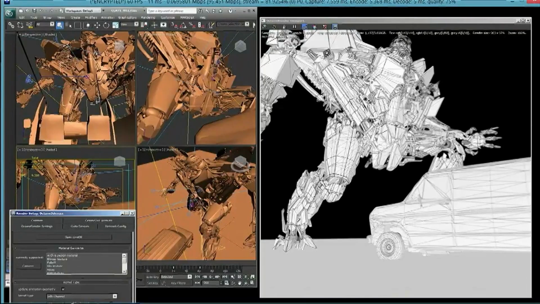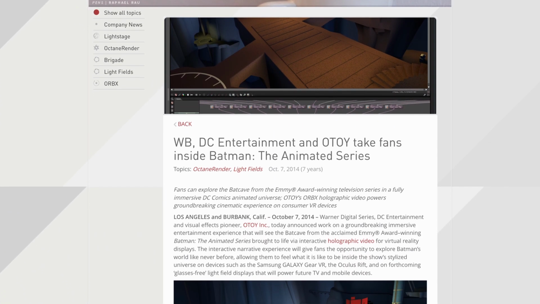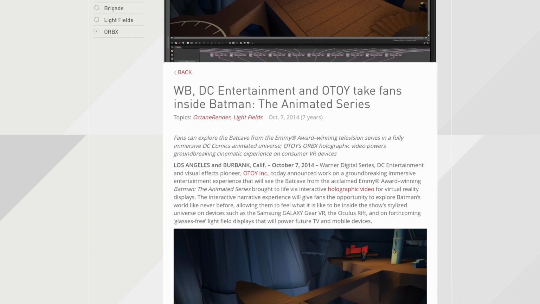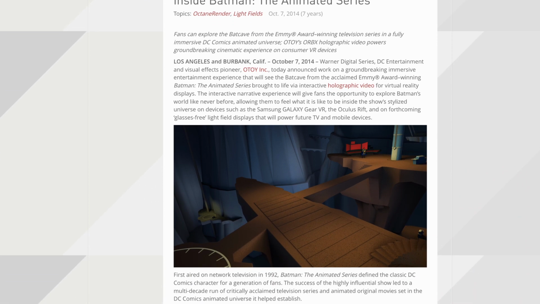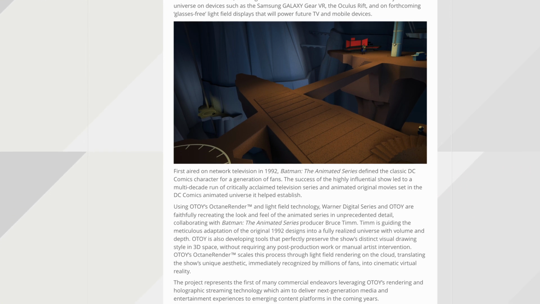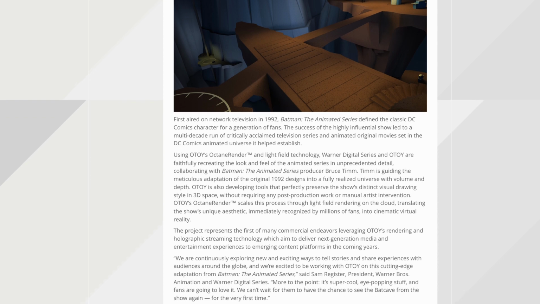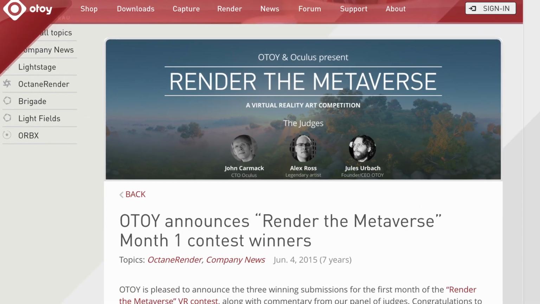At the same time, Otoy established collaborations with companies of the caliber of Warner Bros. and DC Entertainment, introducing itself in 2015 in a version of virtual reality for creators. They also took the opportunity to introduce the slogan that they still maintain, Render the Metaverse.